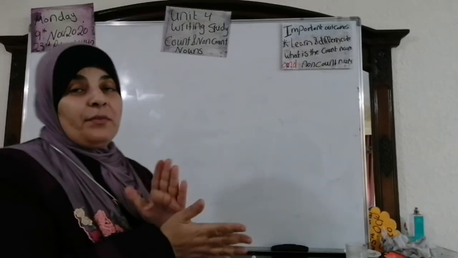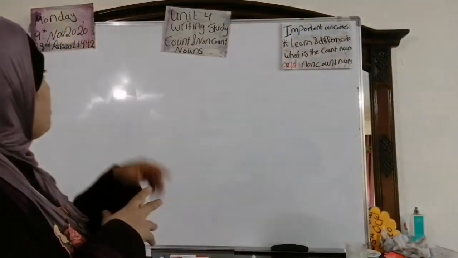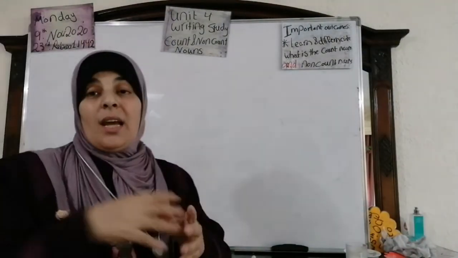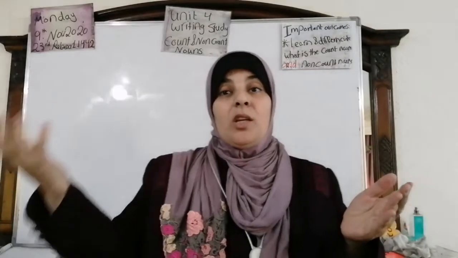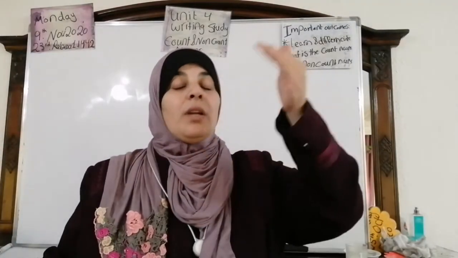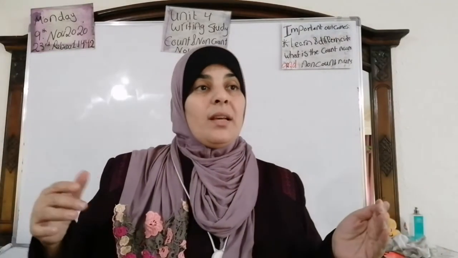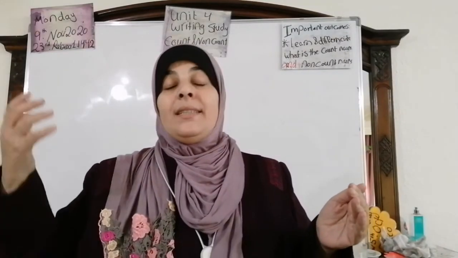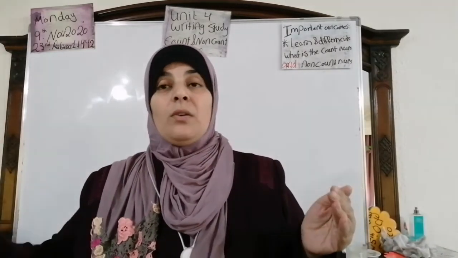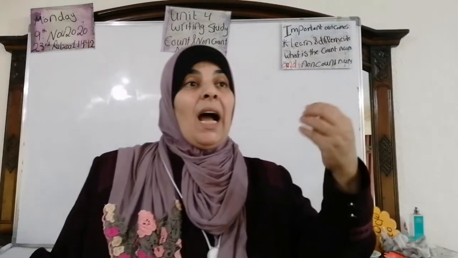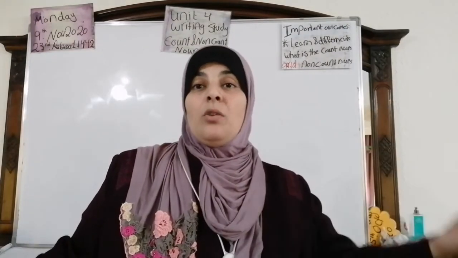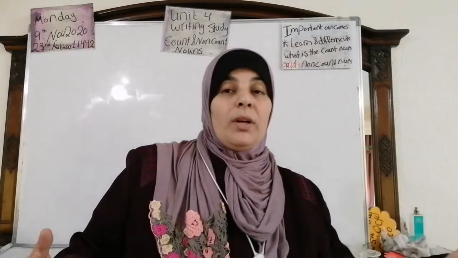For now, we have finished today. We explained what we mean by count and non-count nouns. We said count nouns can be singular, one thing, or plural, more than one thing. The singular count noun takes a singular verb, and the plural count noun takes a plural verb.